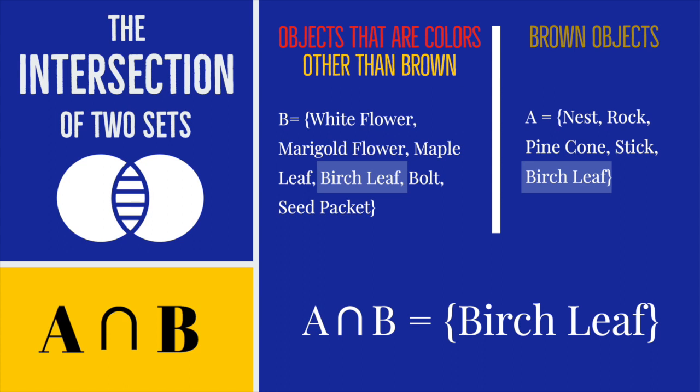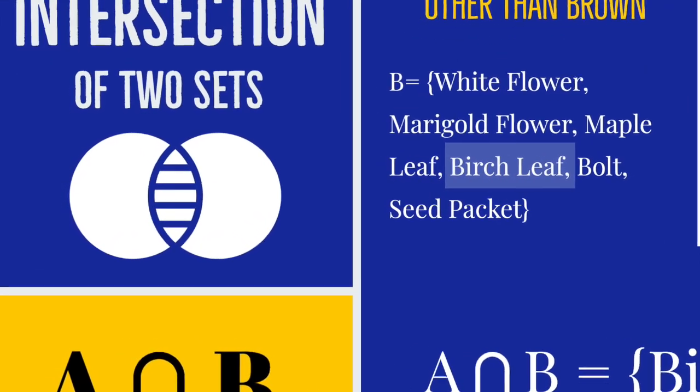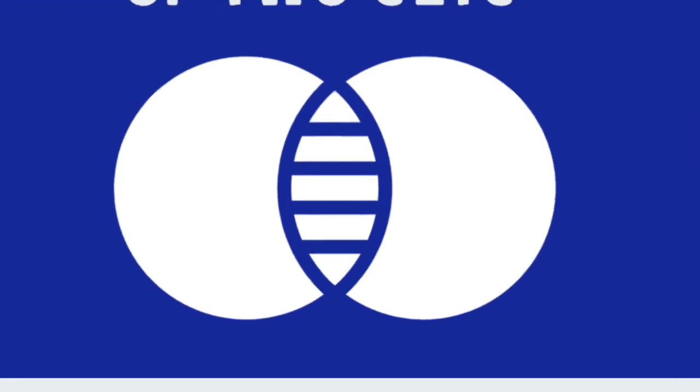The symbol for the intersection of 2 sets is the upside down U. We read that A intersect B, and notice I've written that it's equal to the set containing only the birch leaf. I've added a diagram that shows the overlapped area of the 2 sets being shaded with horizontal lines to represent the intersection.